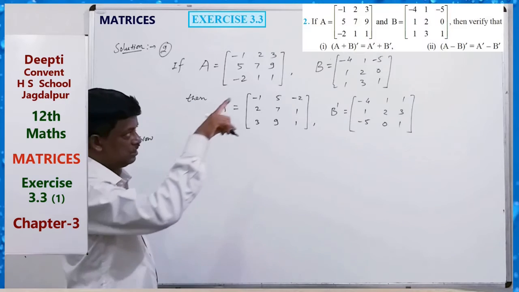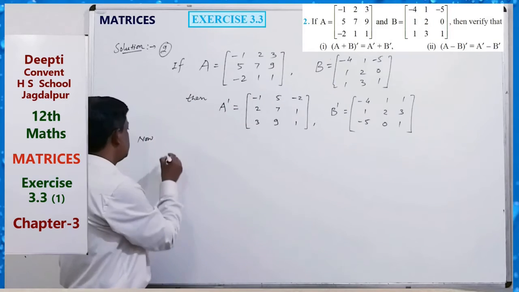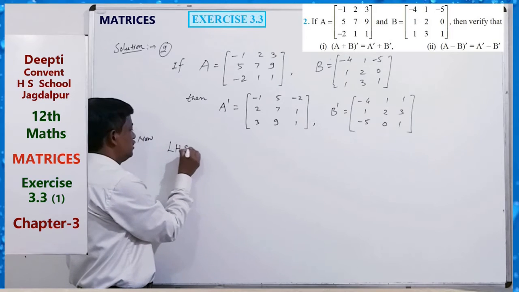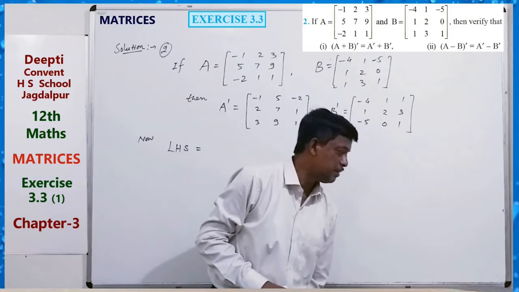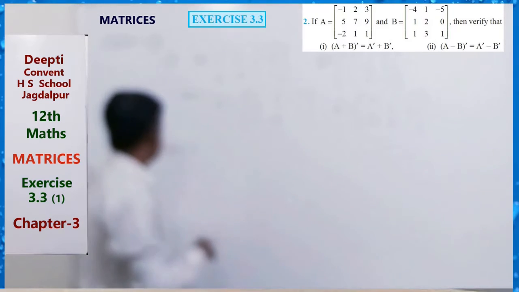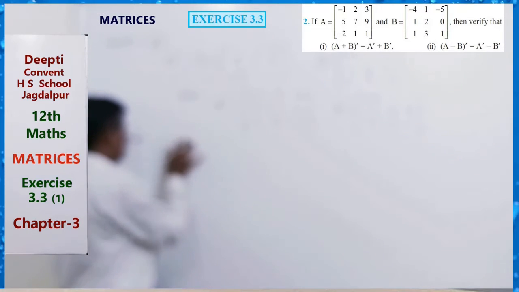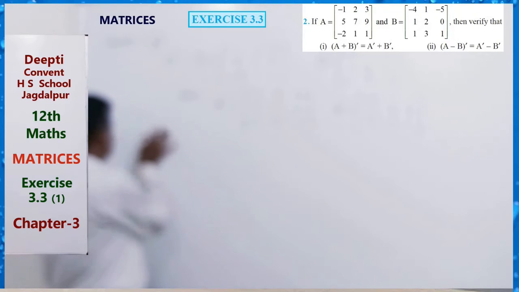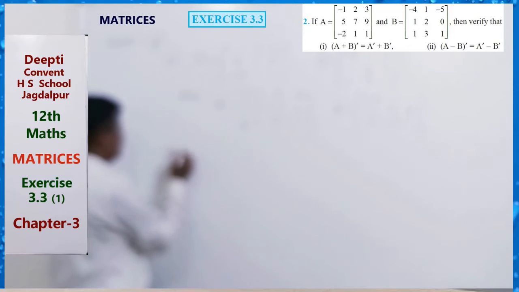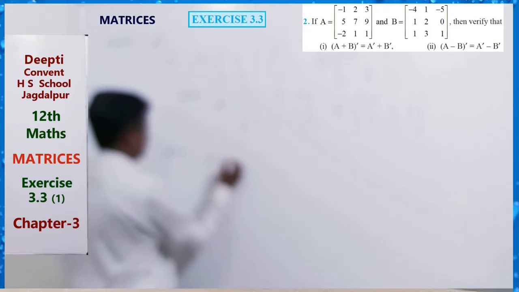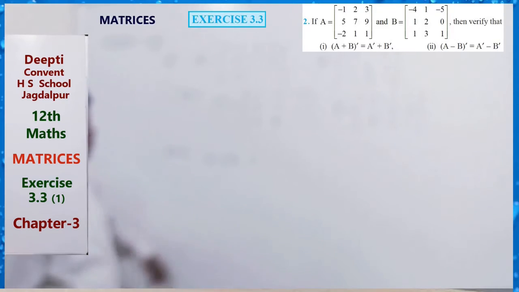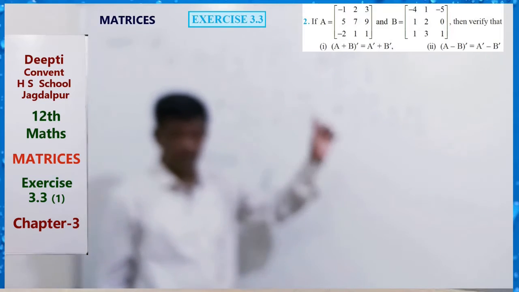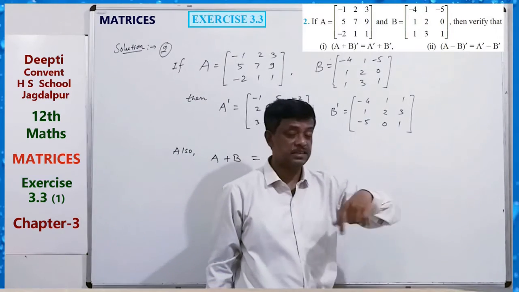Verify the given relation in the question. Just find the left hand side. For the left hand side, what is the left hand side? (A plus B) dash. The right hand side is A dash plus B dash.